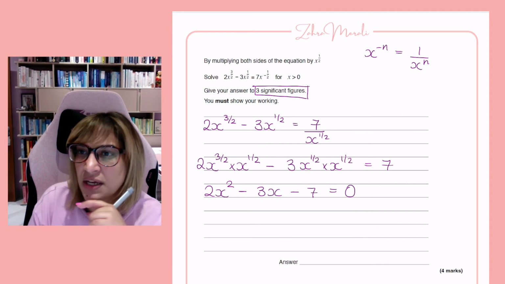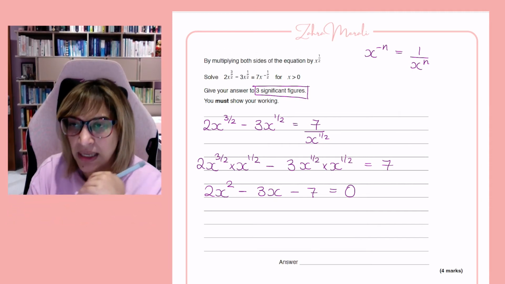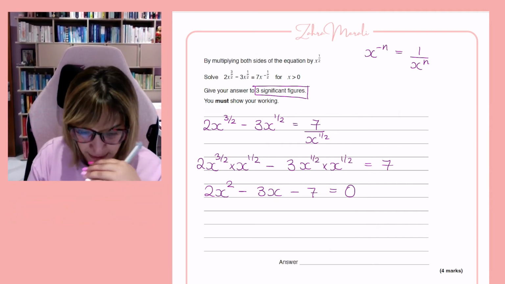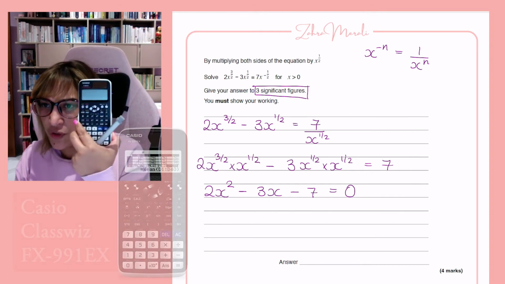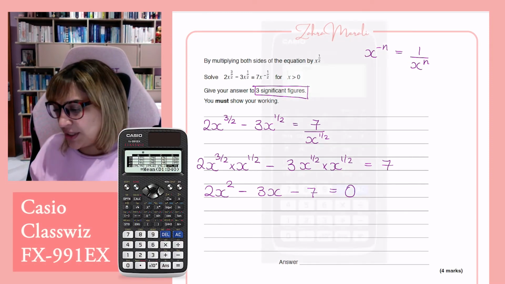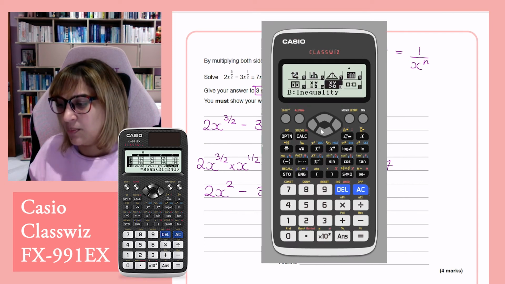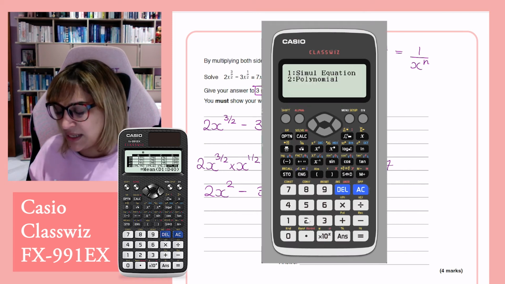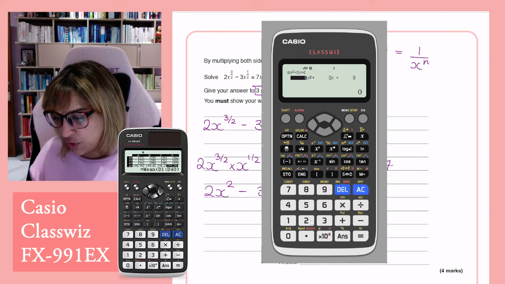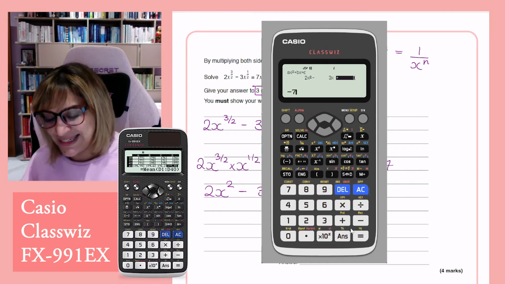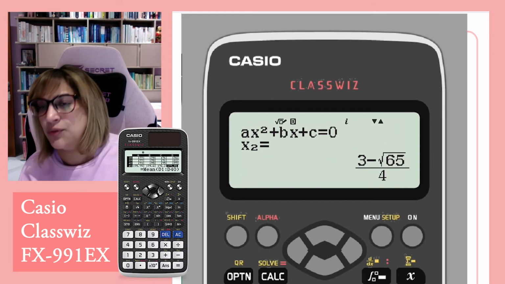The other alternative is to use completing the square. So in your calculator, if you've got the ClassWiz calculator, you can tell menu, equation function, polynomial, degree 2, and we're going to do 2, minus 3, minus 7. And it gives us our roots, and it will give us our answers.